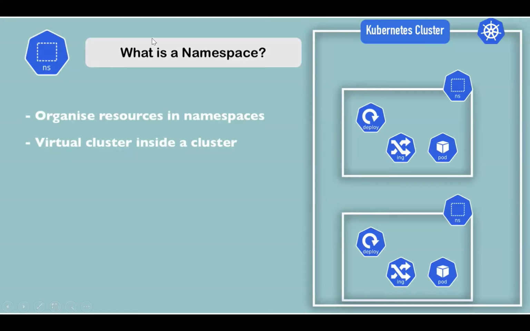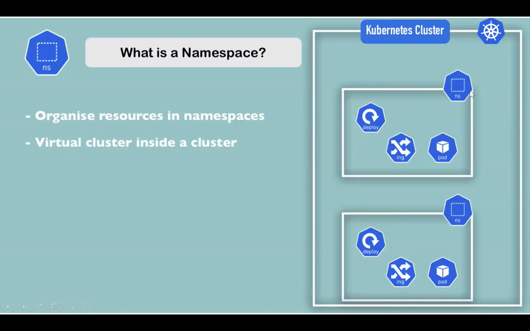So what namespace does is organize your resources. Whatever resources you have, it will organize them as a virtual cluster inside the cluster. So it will create another cluster inside a cluster. For one type of application, you keep all your services or components in one virtual cluster, and for another, you keep another virtual cluster.